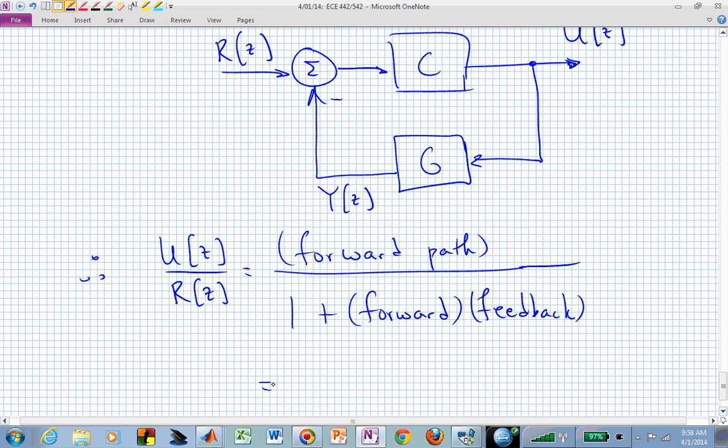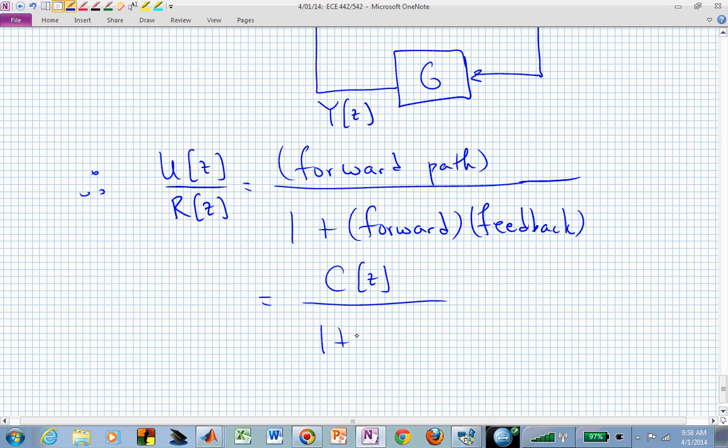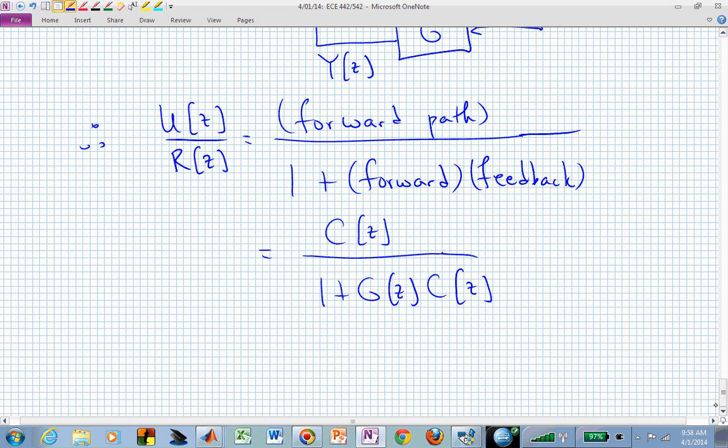So the transfer function between the reference input R and the input U is C of Z over 1 plus G of Z, C of Z. And we can actually have MATLAB do that for us.